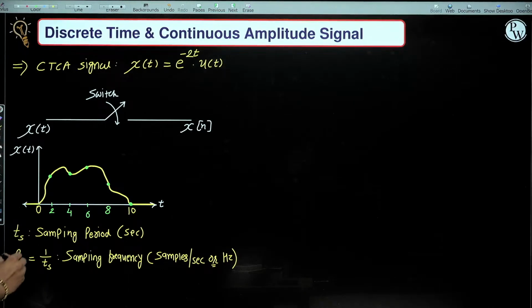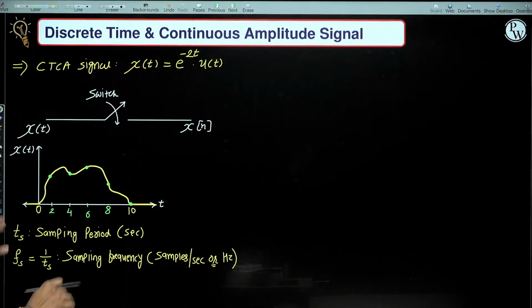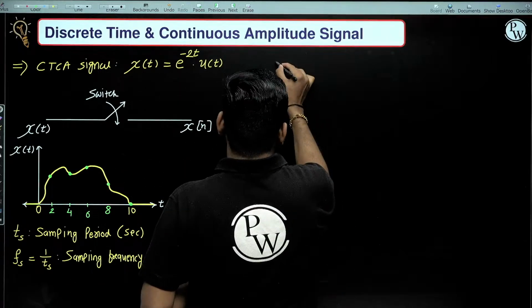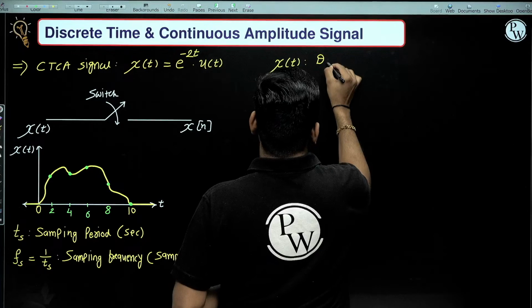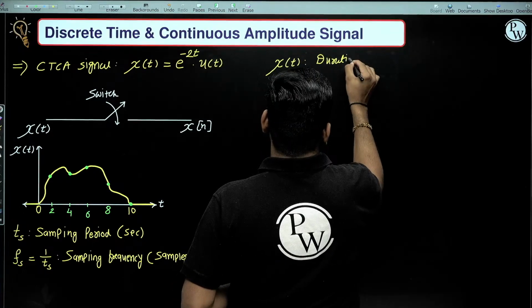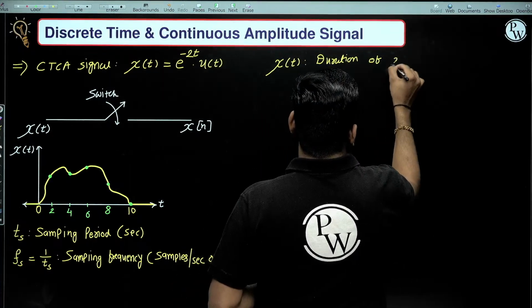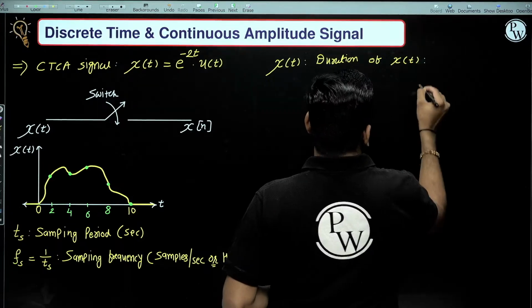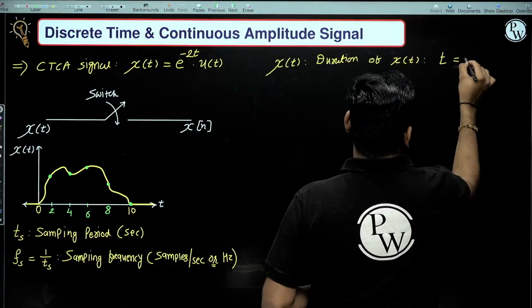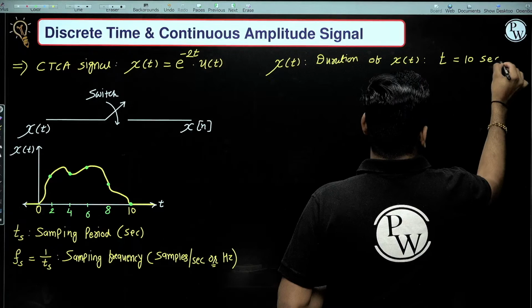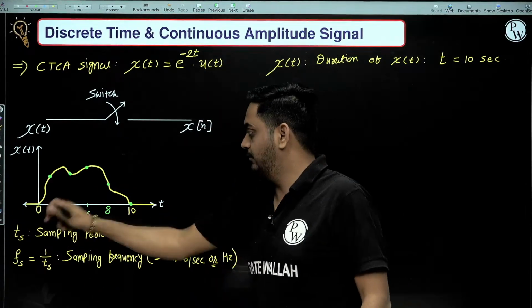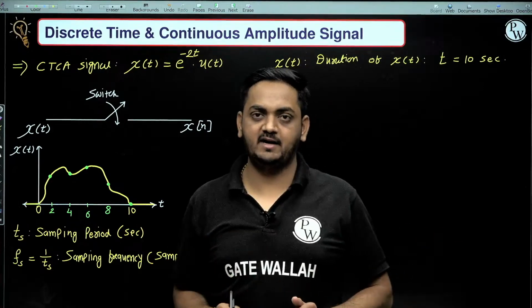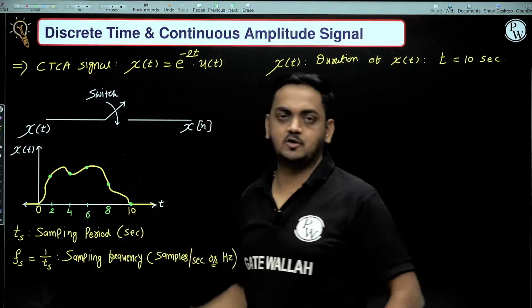So tell me, guys, what is the total duration of x of t? I can say 10 seconds, for which the amplitude is non-zero. From 0 to 10 the signal is defined, or the signal amplitude is non-zero between 0 and 10 for x of t.